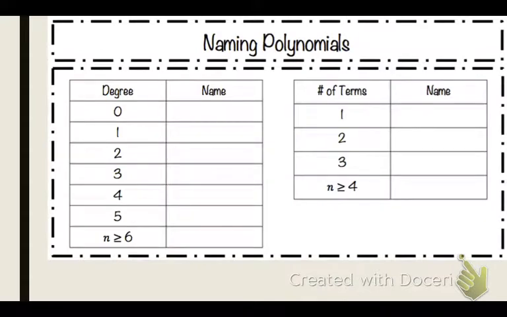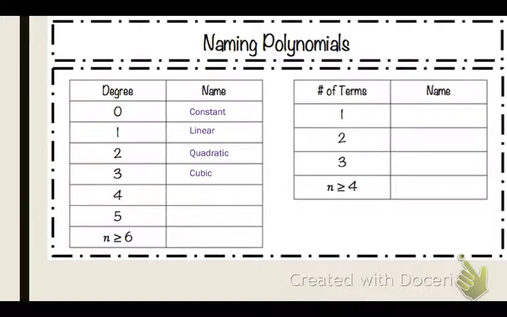So now, the degree. If it's the 0 degree, that means it's raised to the 0 power. Our highest exponent is a 0. Then it's just a constant. If it's a first degree, so it's raised to the 1 power, first power, then it's a linear polynomial. Okay? Second degree is a quadratic.